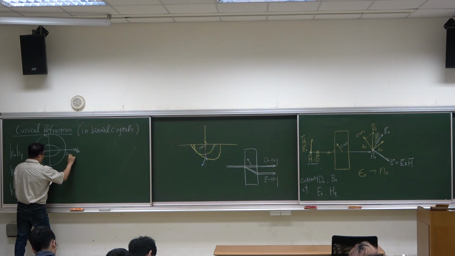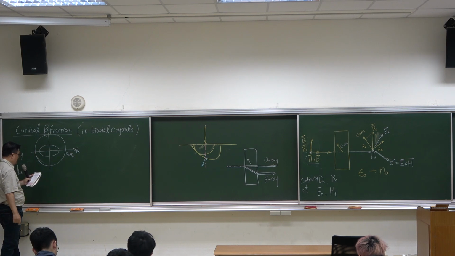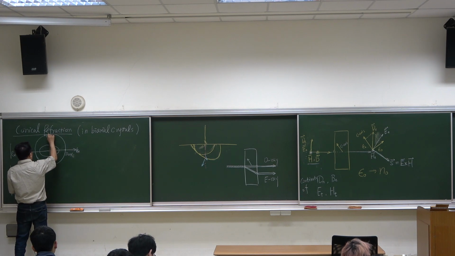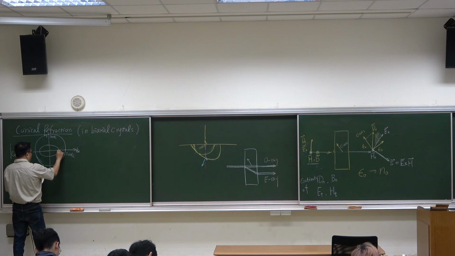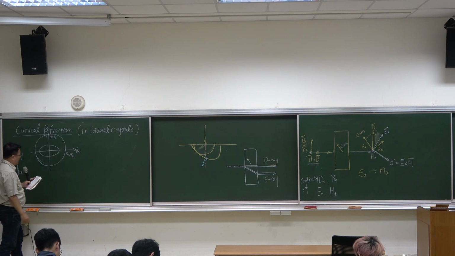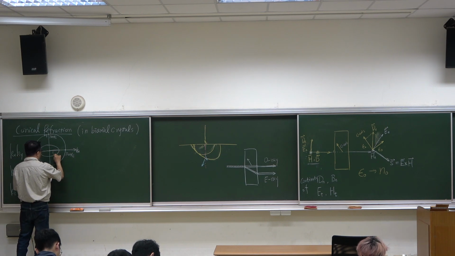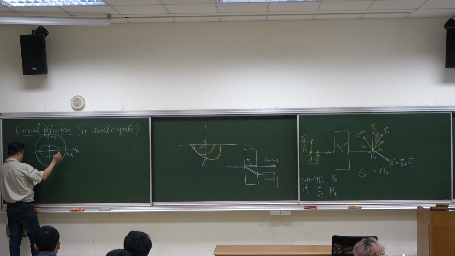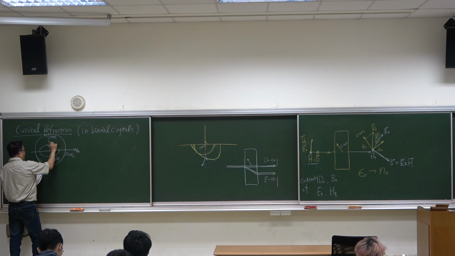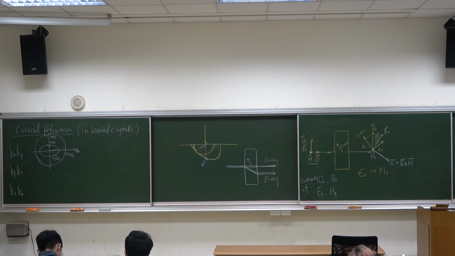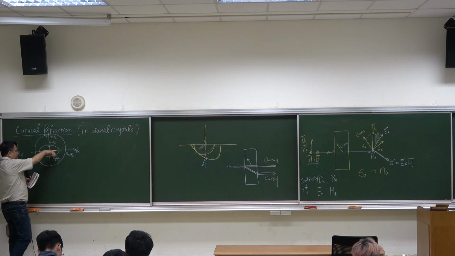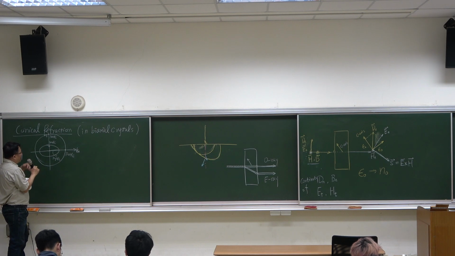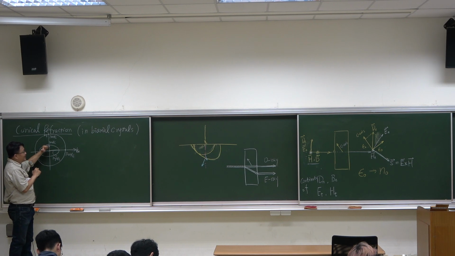This is Nz omega over C. And here, the length of the major axis is Ny omega over C, and the minor axis is Nx omega over C. Along this direction, the polarization is along the Z-axis.